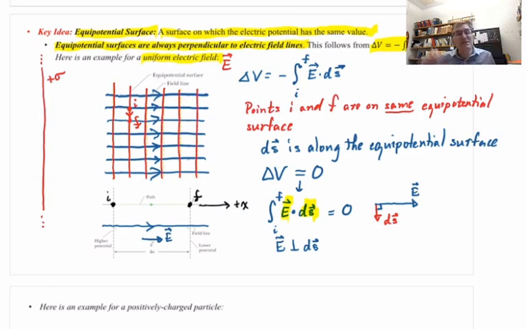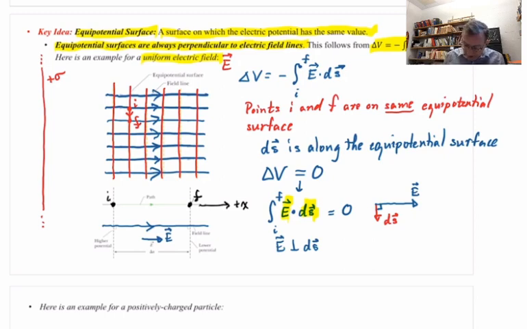And they're equally spaced, and the delta V between each of them is the same. Okay? And that is a set of equipotential surfaces in red and electric field lines in blue that go with the uniform electric field of an infinite planar sheet.